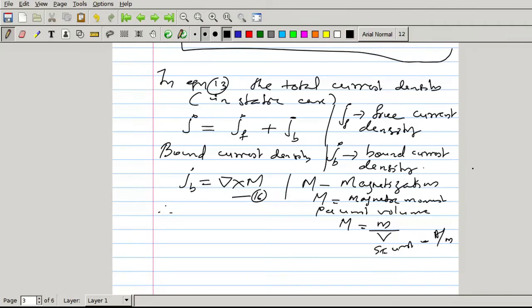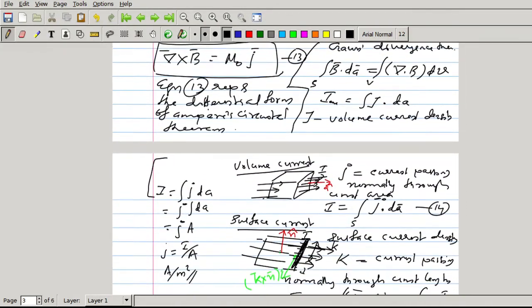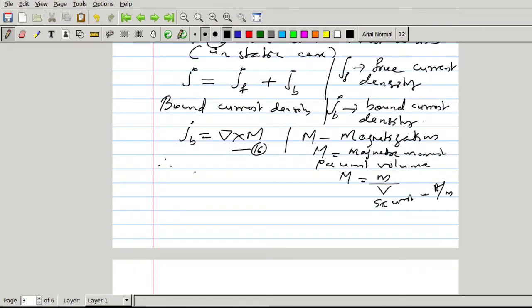Therefore, the differential form of Ampere's circuital theorem, equation 13, becomes del cross B is equal to mu 0 J. Instead of J, we can write J free plus J bound.